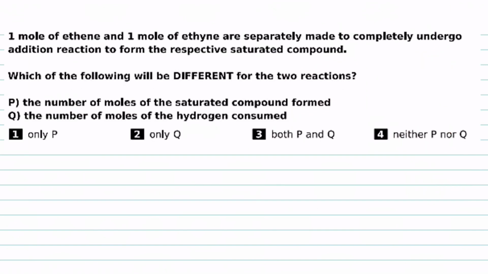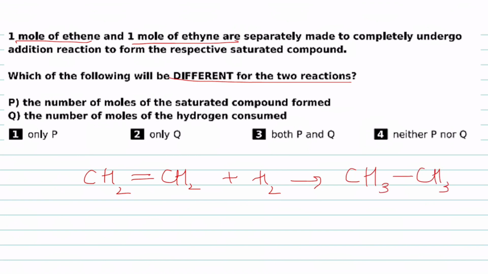Moving on. 1 mole of ethine and 1 mole of ethene separately undergo addition reaction to form a saturated compound. Which of the following would be different for the two reactions? Let's write the reaction. This is your ethene. It will combine with hydrogen, undergo addition reaction and form ethane.